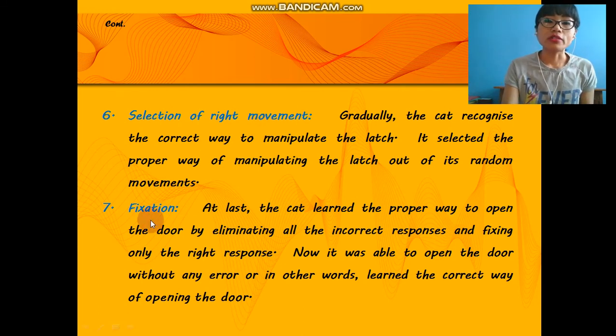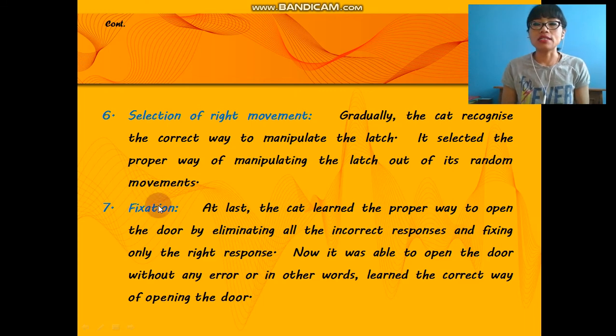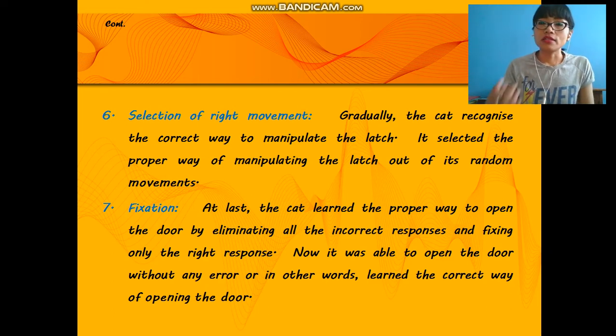That movement will be fixed in the organism, so that the next time the cat is put into the box, it will not take longer time. The cat will not waste its time in random movements, in incorrect responses. The cat will eliminate all those responses which are not useful and fix to one right response.